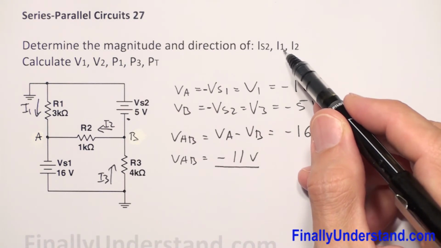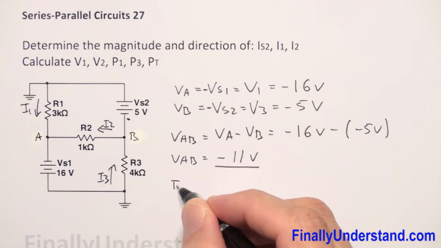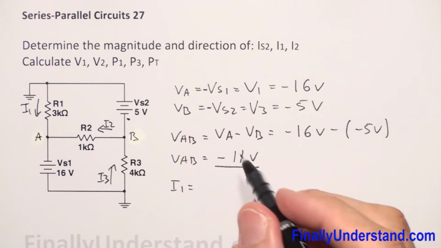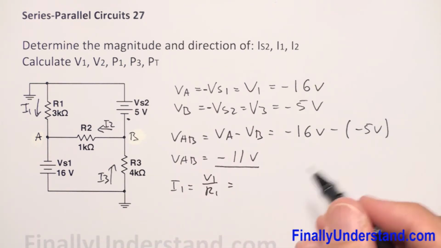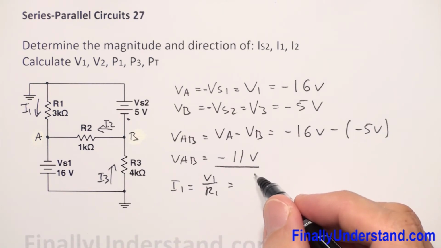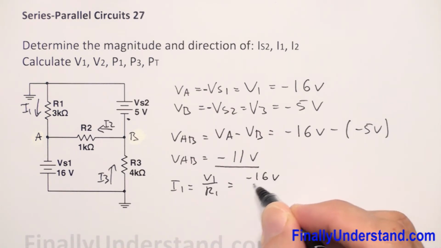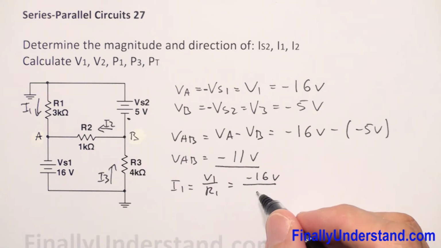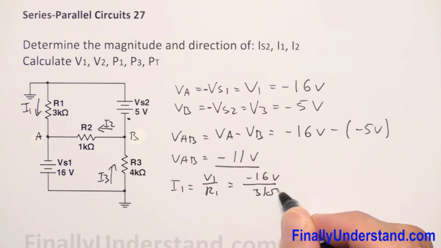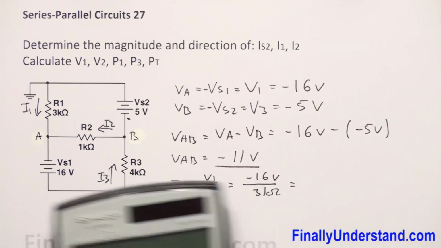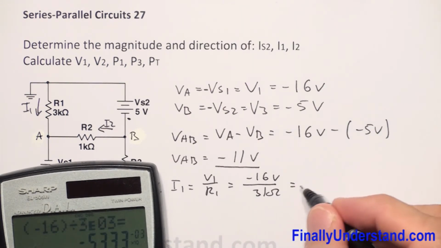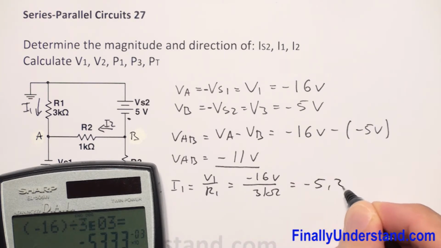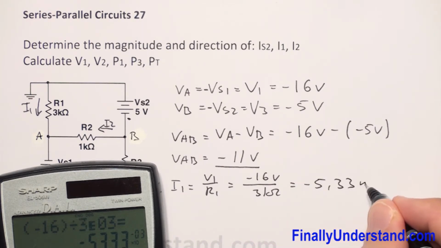Let's find I1 first. I1 is equal to V1 over R1. V1 is negative 16 volts over R1, 3 kilo ohms. So negative 16 divided by 3 times 10 to the 3 equals negative 5.33 milliamps.